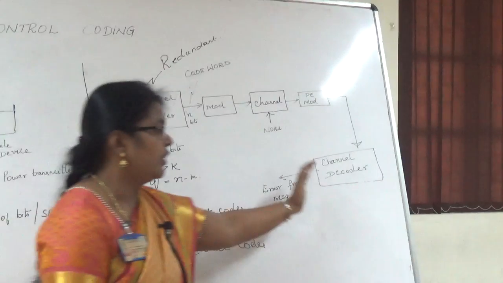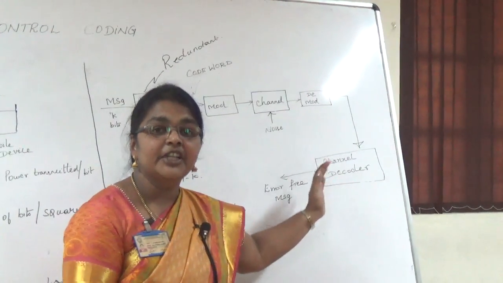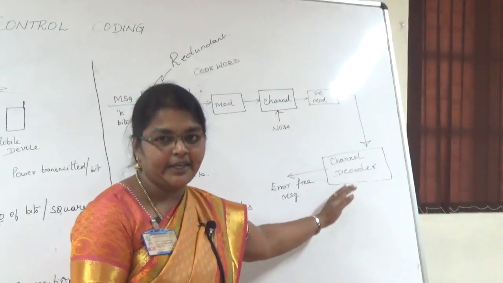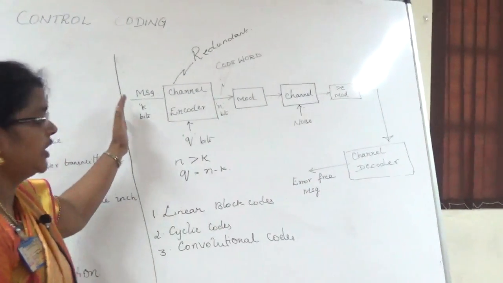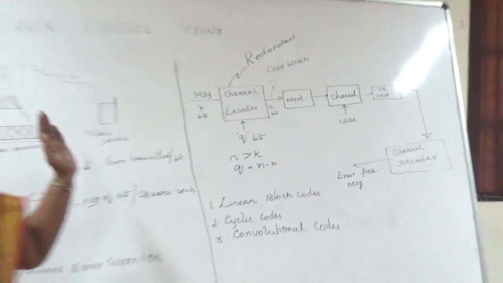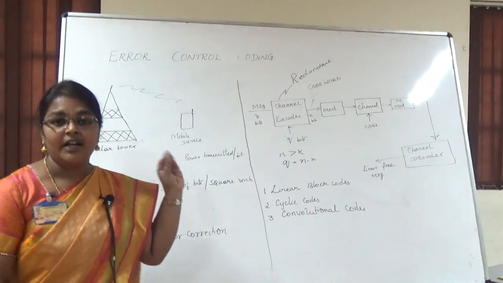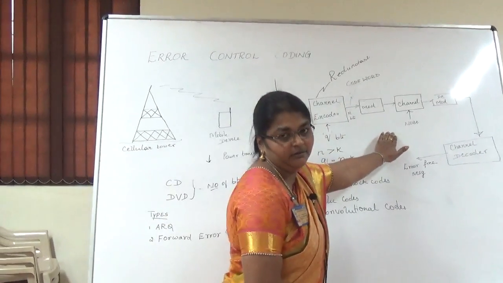The channel decoder checks for errors, and if there is any error, the channel decoder is going to correct it. Finally, I'll get back my original message signal. So by applying error control coding, we'll be able to get control over the errors which take place in the channel. Thank you.